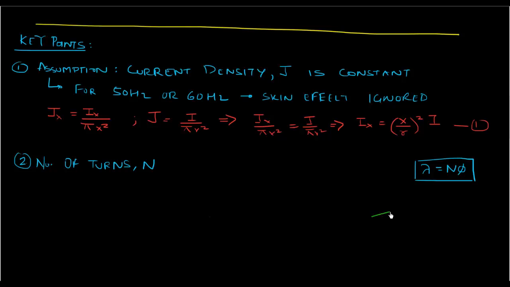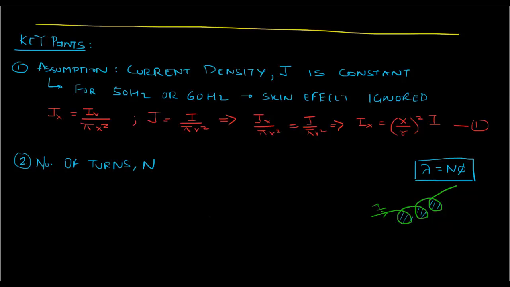If you remember from last time, and I'm going to try to draw this a little bit, and I want you to visualize this in 3D if you can. That's the conductor with 3 turns. It has a current I passing through here.